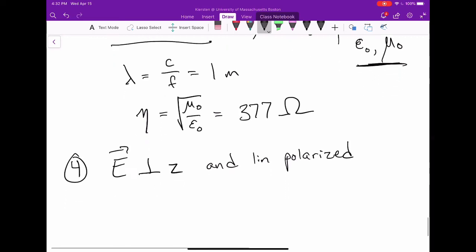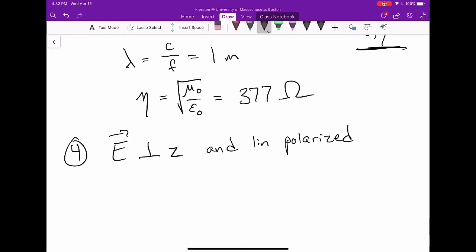All right, how do I work that out? Well, since the electric field has to be linearly polarized and perpendicular to Z, I'm going to say that the electric field polarization vector, I'm going to give it a u_E hat, is just going to be Z cross the propagation vector, and then I'm going to divide it by the magnitude of that so it stays a unit vector.